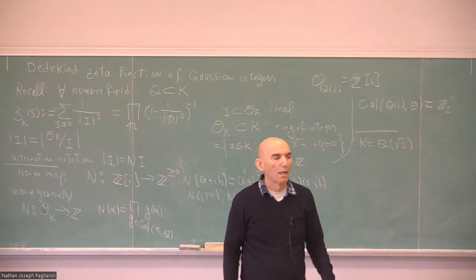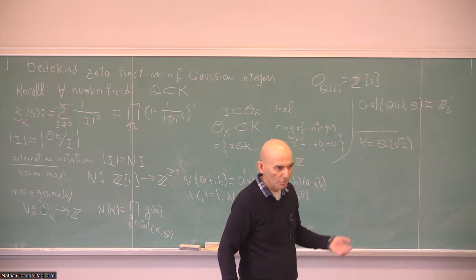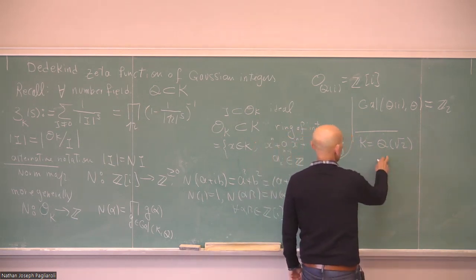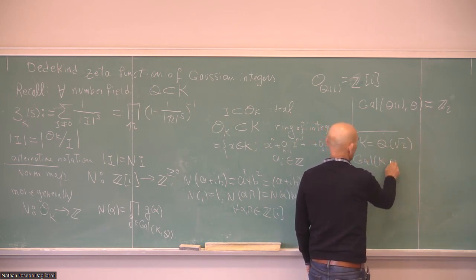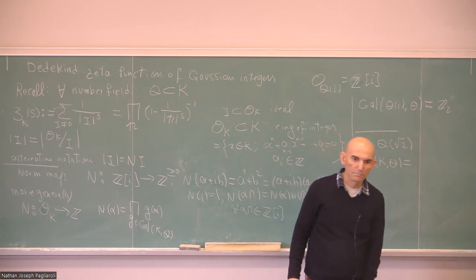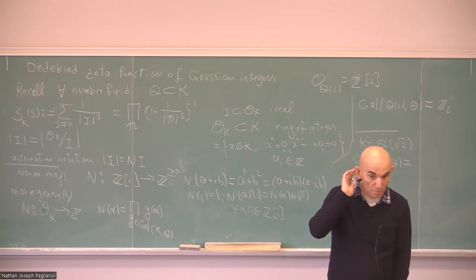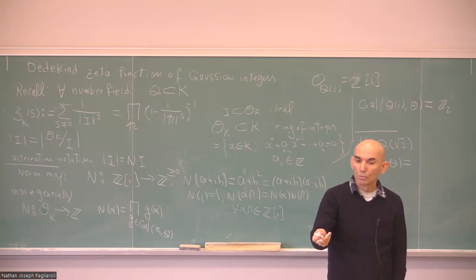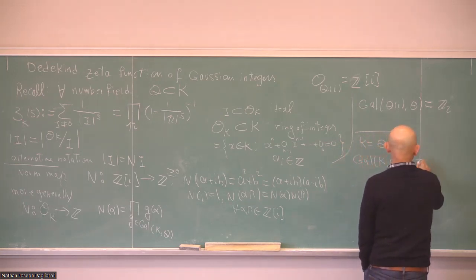It's one of the simplest real quadratic extensions, where you adjoin √2. So what is the Galois group of K over Q? Sorry? The identity, and there's the one that sends √2 to negative √2. Again, it has two elements, right?